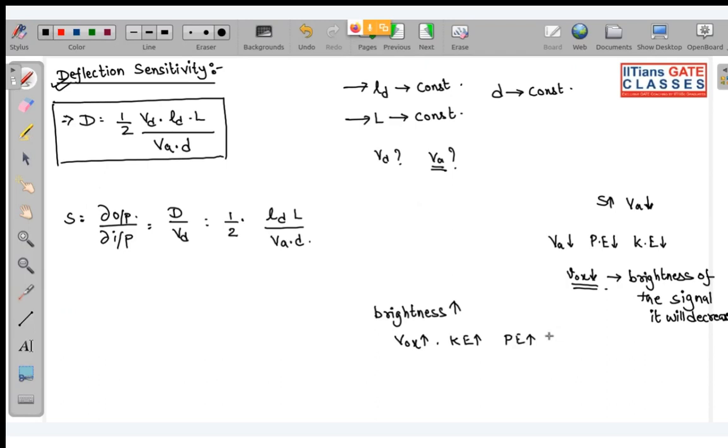Okay. And for increasing the potential energy, I need to increase the VA. Now, if I increase VA above a certain extent, what will happen? Now tell me. See, if you increase VA, what will happen?